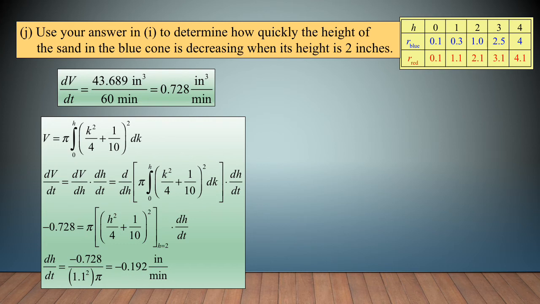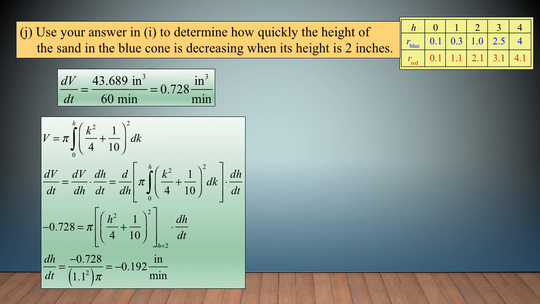So dV/dt equals dV/dh times dh/dt. dV/dh is the derivative with respect to h of the V function.